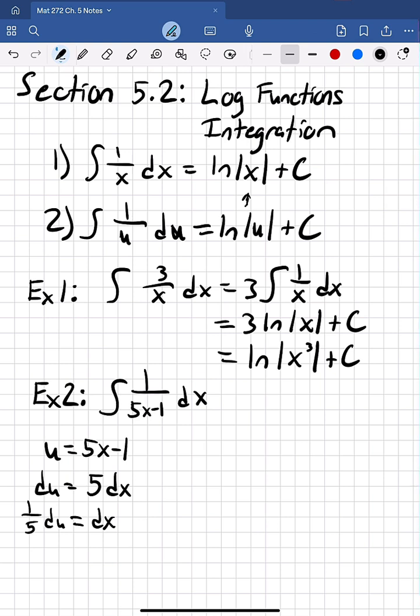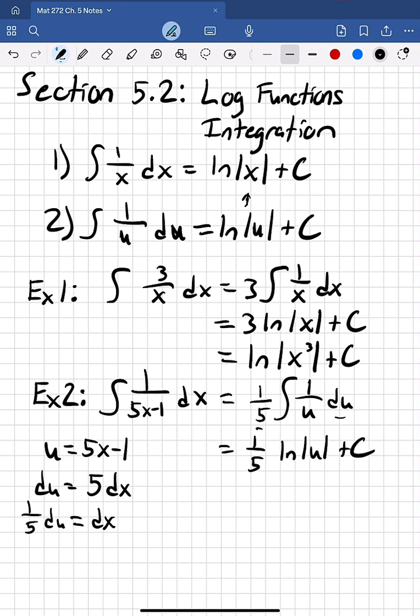Now I'm going to replace my dx, and I am going to have my 5x minus 1 be u. So I'm replacing dx with 1/5 du. That's why I can say that's just 1 over u now, du, with my 1/5 out front. Well, that is 1/5 the natural log of u plus c.